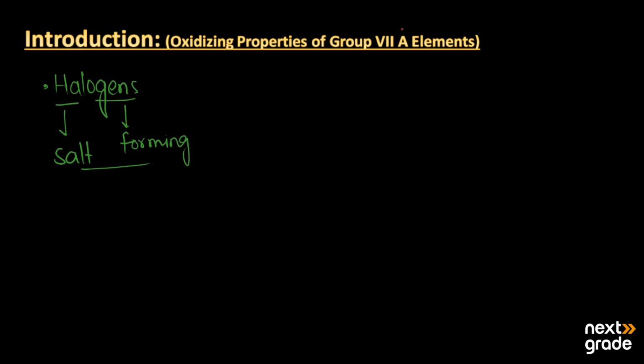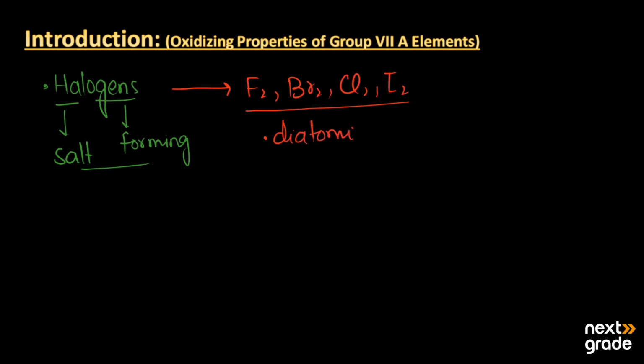The group 7A elements or the halogens include fluorine, bromine, chlorine, and iodine. These always exist in the diatomic form as F2, Br2, Cl2, and I2.